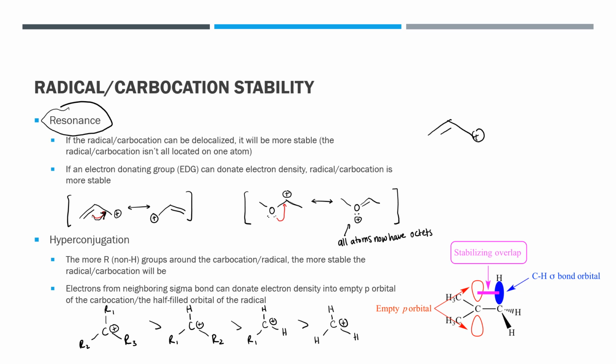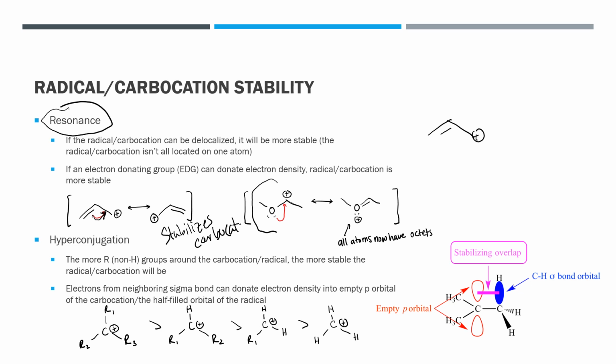We can move our pi bond over, and you can see how the resonance gives us that other compound. So this resonance basically makes the positive charge, the carbocation, spread across two different carbons, which stabilizes the carbocation, right?